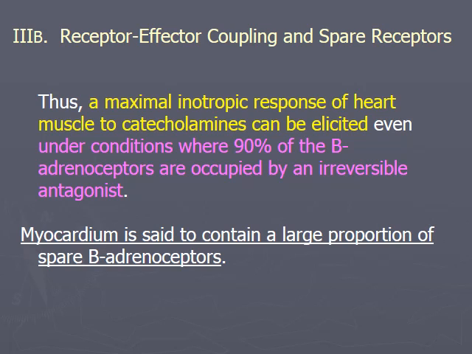All right, so the myocardium as a tissue has a lot of spare receptors. And why? Well, I'm going to say something important. Spare receptors allow strong responses under low agonist concentration.